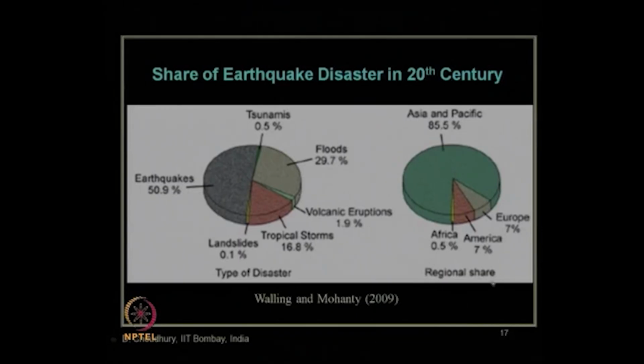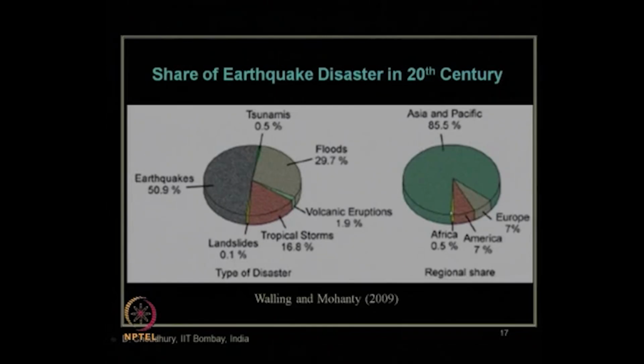If we talk about the regional share of earthquake disaster, you can see over here the Asia and Pacific region shared more than 85% of that earthquake disaster, entire Europe about 7%, entire America about 7%, and Africa just about 0.5%.